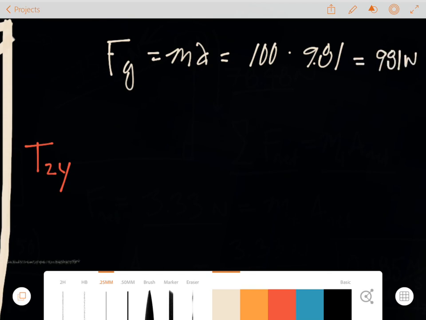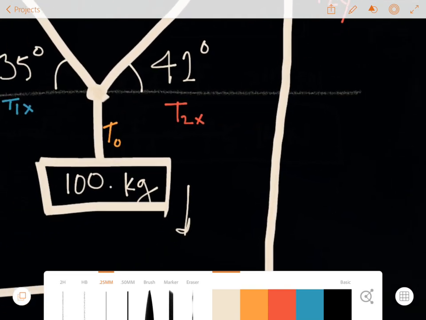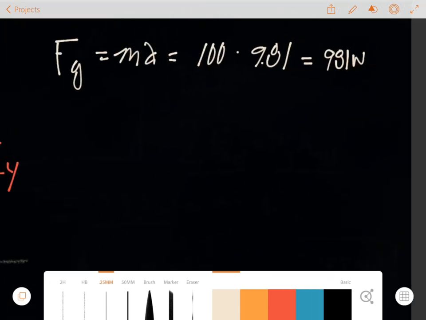That means the force of gravity pulling down on this object is 981 newtons, which means the tension in here is also 981 newtons. So T0 is equal to 981 newtons.